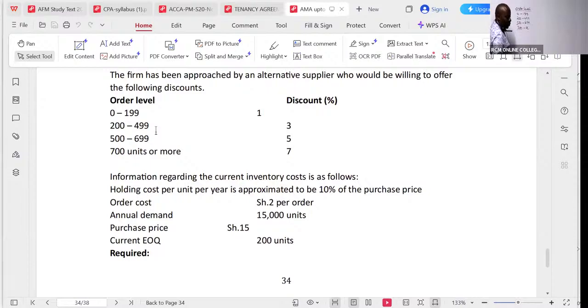Then the discount percentage, what do we have there? We have 1, 3, 5, 7.